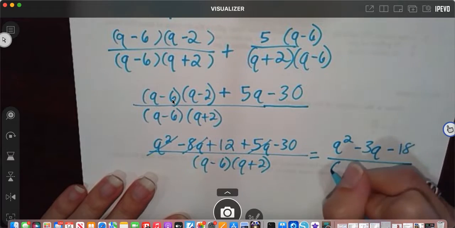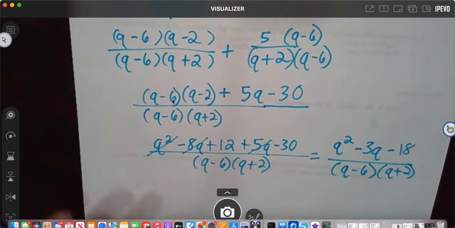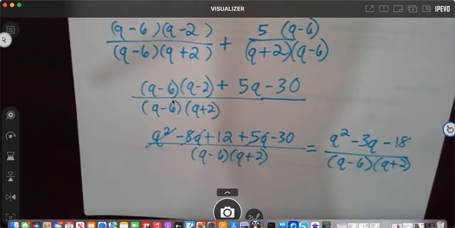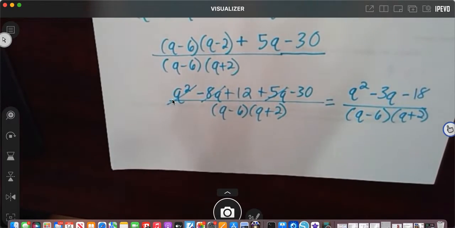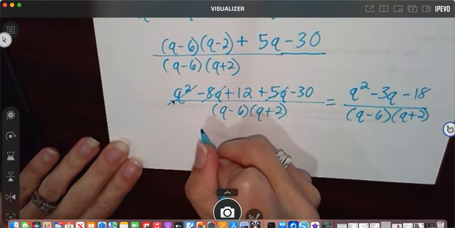And then down here, I've got q minus 6, q plus 2. Am I done? Probably not. What do we have to do? In order to simplify, now we need to factor the numerator. Now, I know, I'm running out of room too. Now I'm going to factor the numerator, okay? So, I'm going to bring it over here.